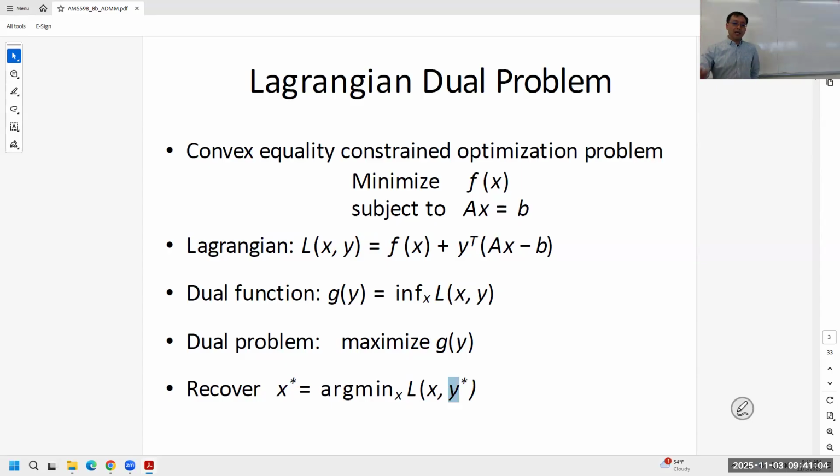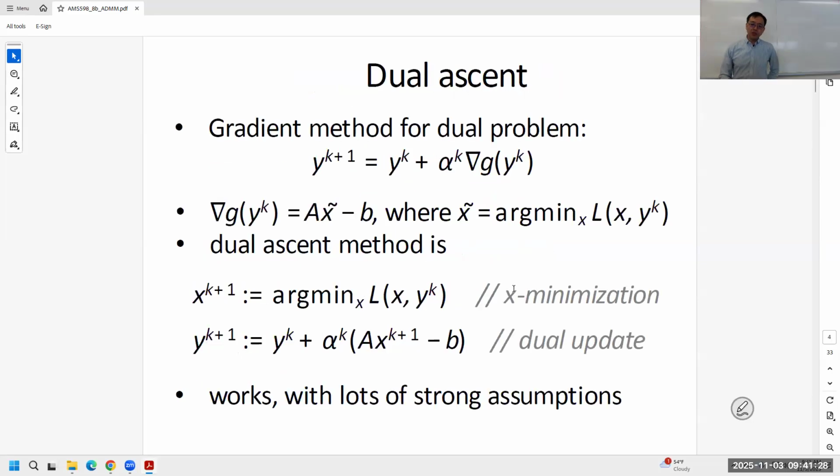Then we just plug y star into the Lagrangian function, minimize the whole thing, and get an x star. This x star is our target, the minimum value for x. This way we can solve for x star and y star iteratively, and this iterative process is called dual ascent.